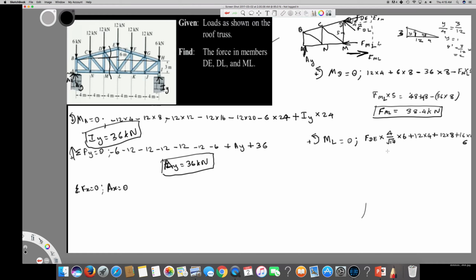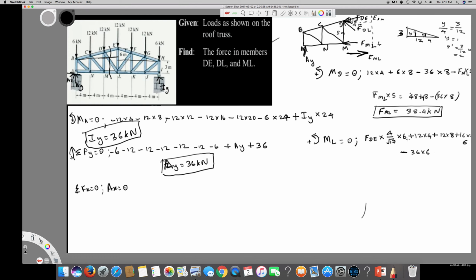Then we have 36 kilonewton pulling this object up, so it's going to be minus 36 times the same distance 6.